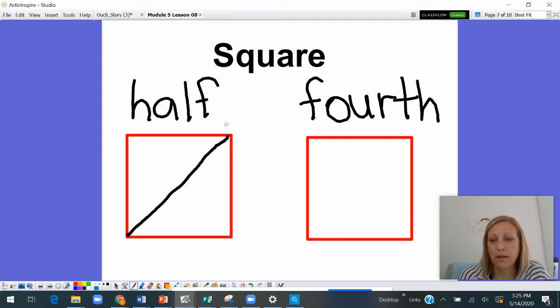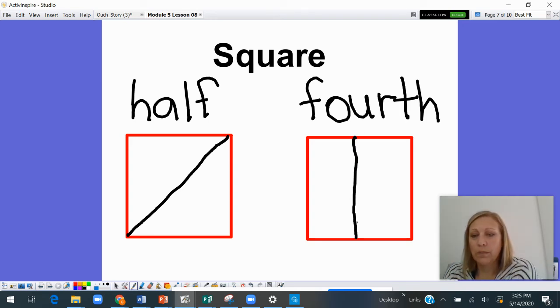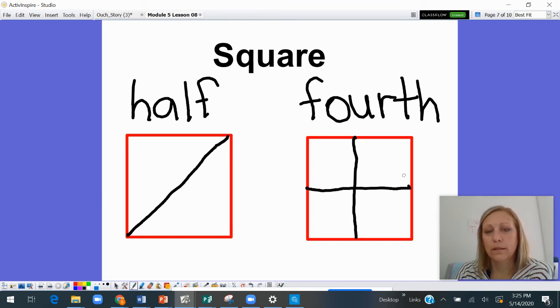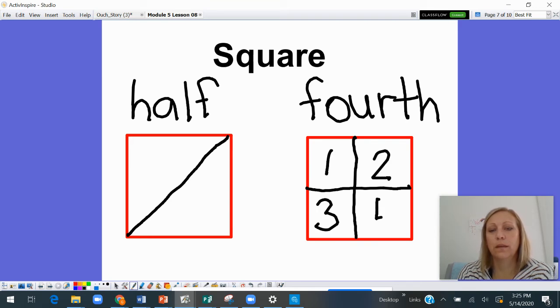How many parts do we have there? Oh, yes, mathematicians, you're amazing. We have 2 parts there, so that's a half. Now we're going to try the fourth. I'm going to cut it right down the middle. That would be a half, but we want 4 pieces. That would be 1, 2, 3, and 4. So that's cut in fourths.